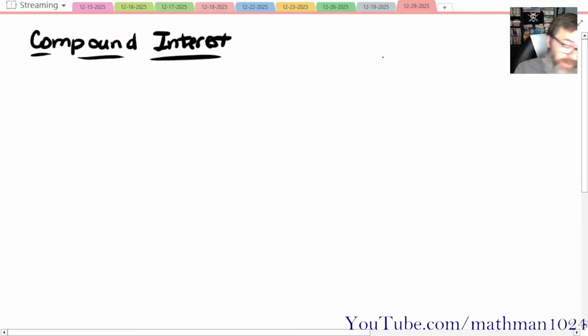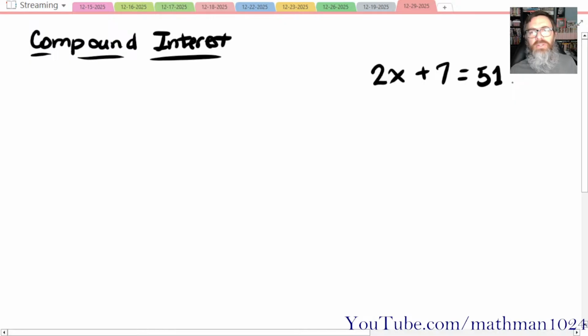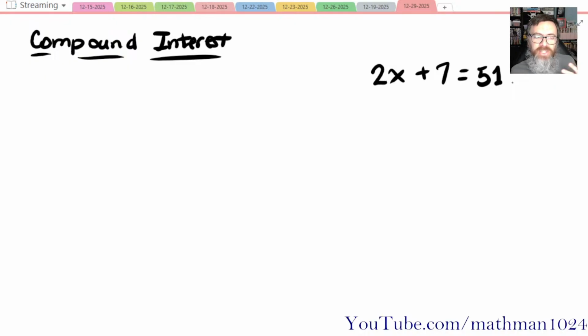Even solving, and I still remember doing this, having an equation like this, 2x plus 7 is equal to, let's say, 51. I should have paid attention to the teacher, but I was so used to things coming so naturally that I just probably ignored that and said, I'm going to brute force my way to this. I'm going to figure this out.